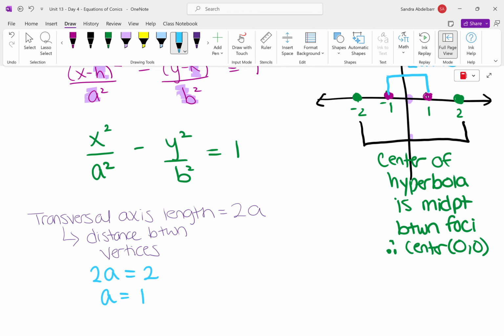What's the last thing I need to find? B. Any ideas on how I can find B? Good, the focal length equation.